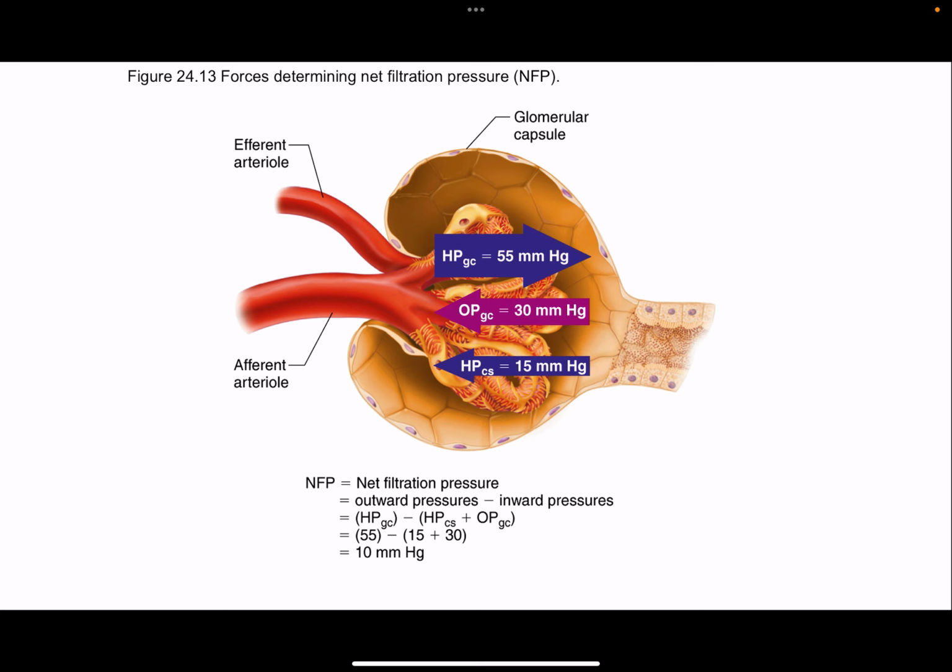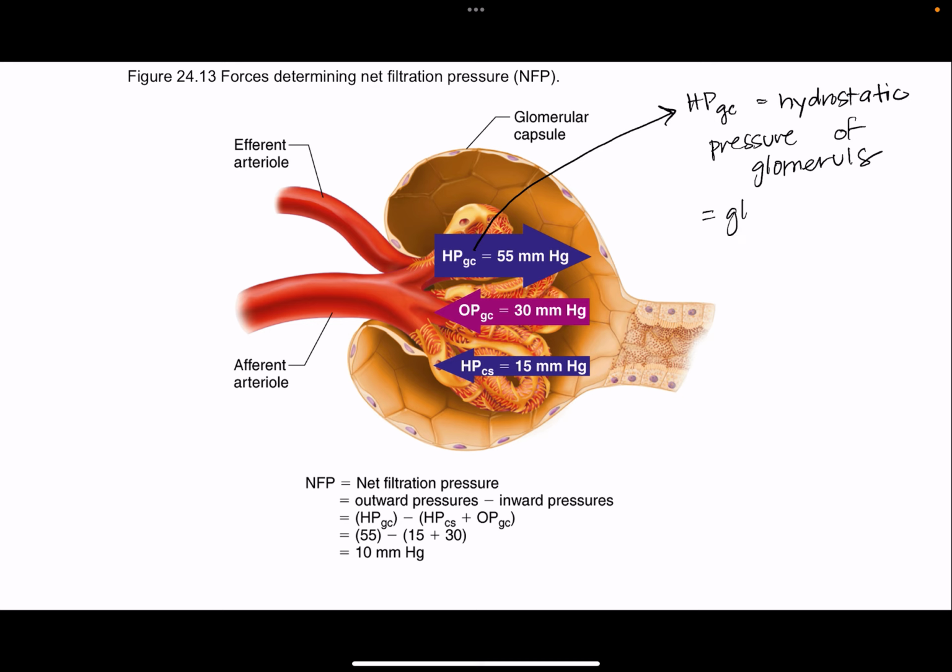So we have a hydrostatic pressure of the glomerulus, so HPGC is hydrostatic pressure of the glomerulus. And it's really the GC stands for glomerular capillaries, but it's hydrostatic pressure of the glomerulus, essentially glomerular blood pressure.